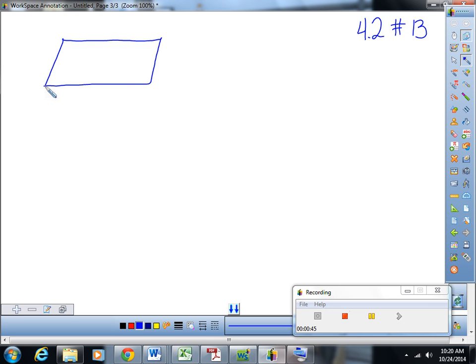If each pair of opposite sides of a four-sided figure are congruent, then the segments joining the opposite vertices bisect each other. So they're saying the red segment will bisect the black segment. We're going to need some letters.